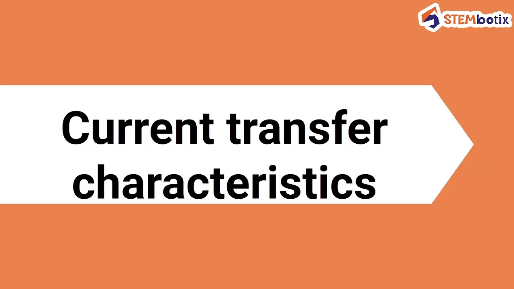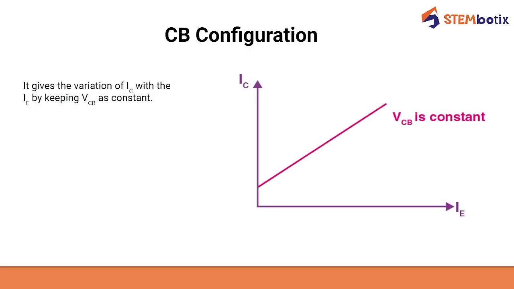Now let's see the current transfer characteristics of transistors. The current transfer characteristics for the CB configuration, or the common base configuration, look something like this.